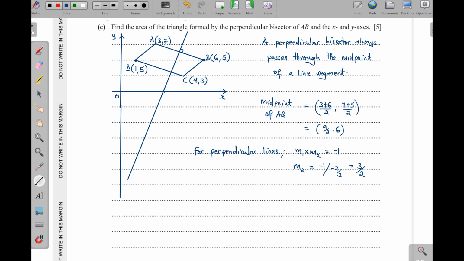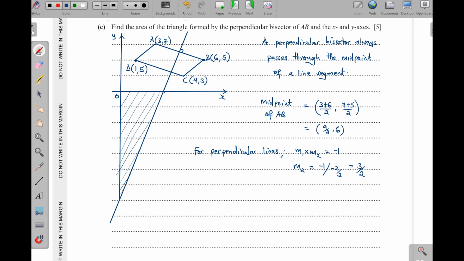Okay, and when we continue it down here, this one also will continue down, so it will meet this y-axis down this way. Now the triangle we are forming, they are saying y-axis, the line, and then the x-axis is this one.